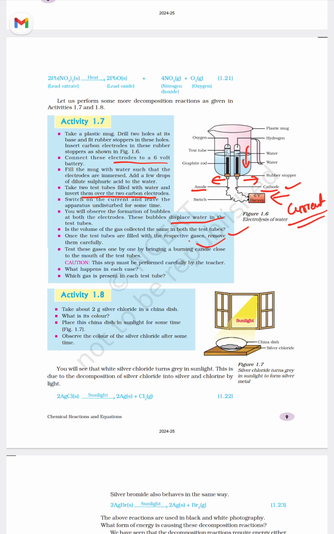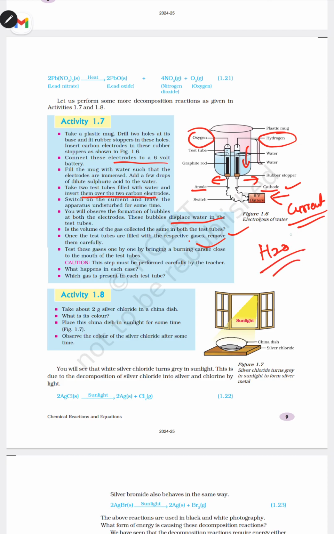So which gas is released? To observe that, they are asking us to test the gases using a burning candle. On the anode side you will observe oxygen, and on the cathode side, in the test tube, hydrogen gas will be released. So what happened? Water is H2O.